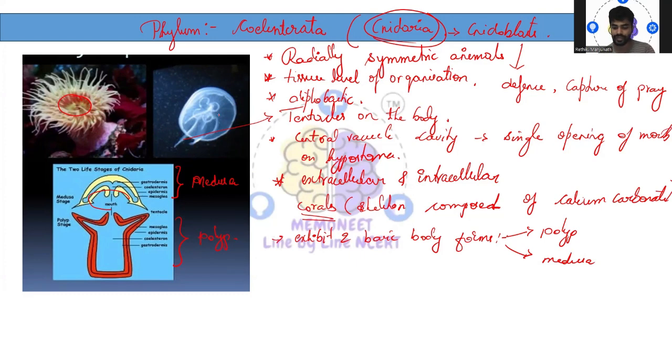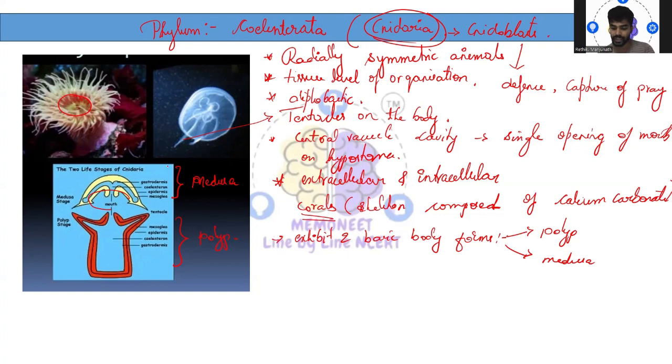So the form of this thing, whereas later you can actually see an umbrella-like structure. So what are this polyp and medusa? During their embryonic development or initial stage, you will see these structures.